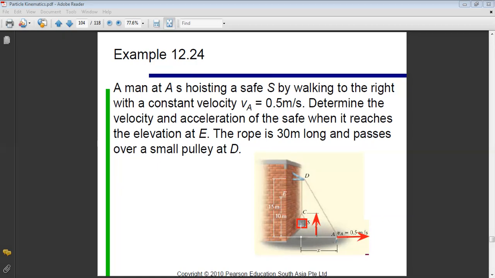First, for the coordinate of S, S is moving in the vertical direction, so the coordinate for S is y.